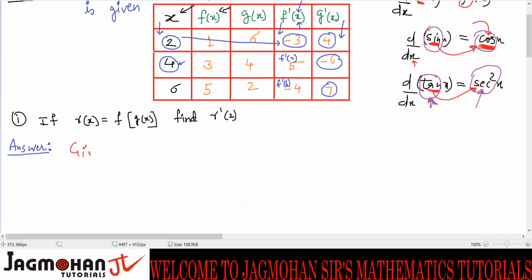So I write here, given r of x equals f of g of x.